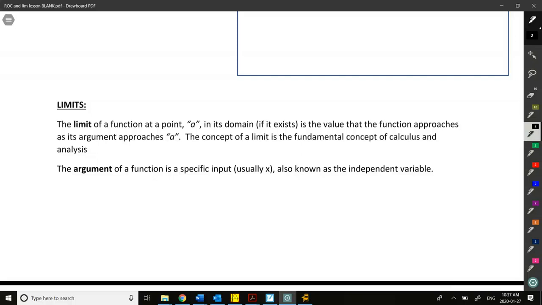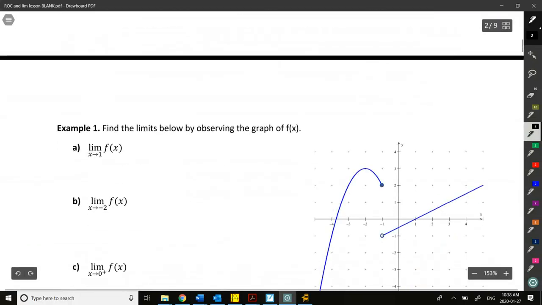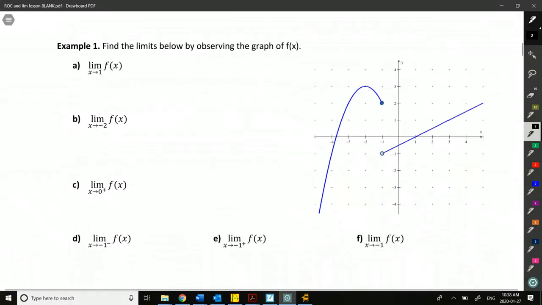So we're approaching an x value of the function, and the limit is telling us what the y value is that's being approached. If we're approaching a particular x value, we call this the argument. What is the limit approaching? That's the argument. And it's usually an x coordinate, our independent variable. So we're going to review some of the ways that we calculate limits.